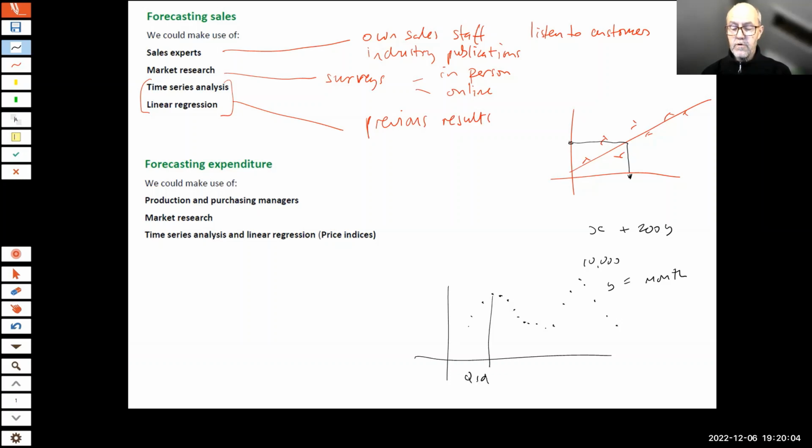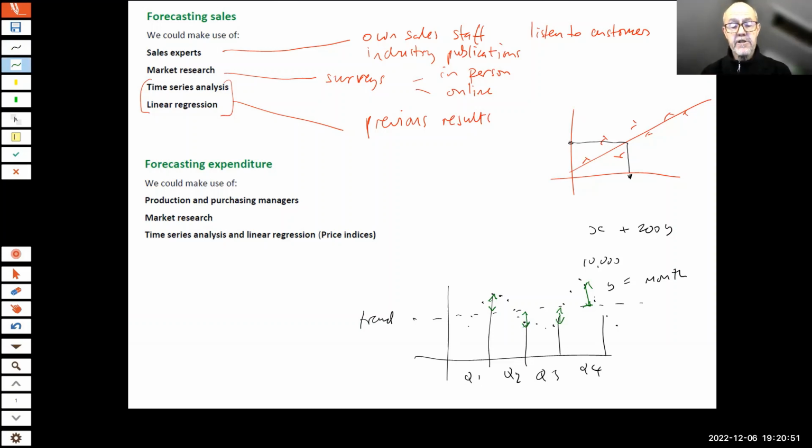So that might be Q1, Q2, Q3, Q4, and we can establish an underlying pattern called a trend, and then we identify that at different periods of time we have either positive seasonality or negative seasonality, where we actually do better or worse than the average.